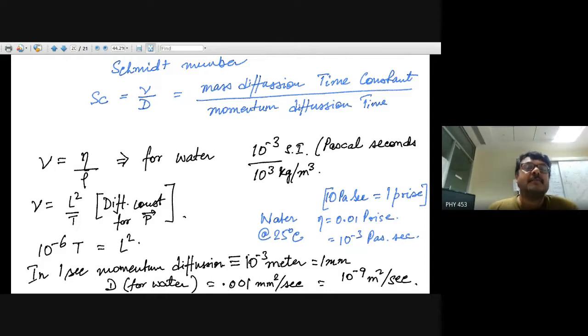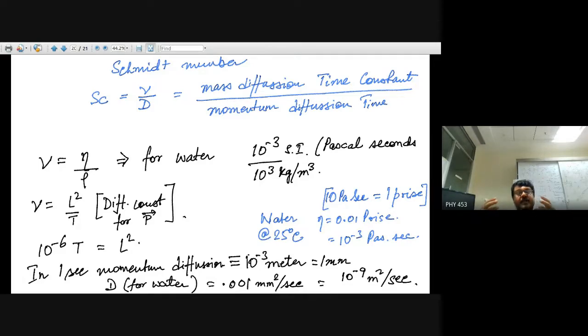Now, if the Schmidt number is extremely high, if kinematic viscosity is much higher than D, the diffusion constant, then essentially it means that the momentum transport is primarily by collisions. On the other hand, if the Schmidt number is very low, that means D dominates, then the momentum transport by the fluid is primarily like that of air.